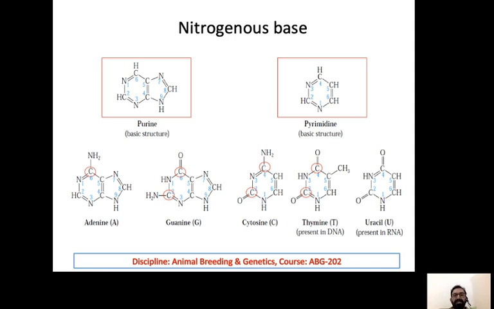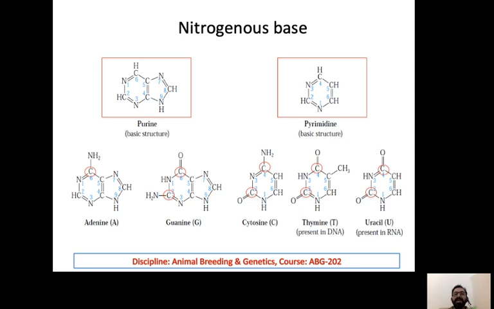Similarly, the oxygen is attached at the same positions in uracil. There is only one difference: on carbon number 5 in thymine, a CH3 or methyl group is present, which is absent in the case of uracil.